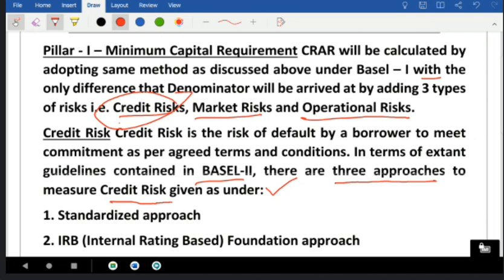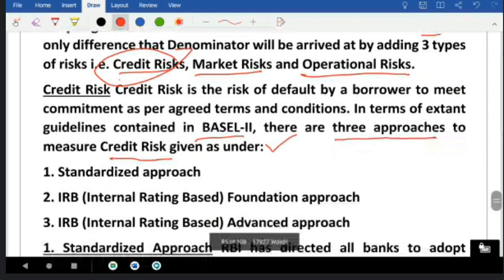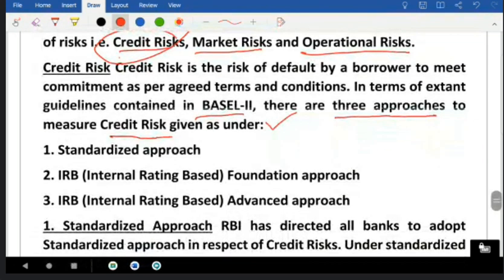If the borrower is not meeting the commitment as per agreed terms and conditions, that means he is not paying back whatever the EMI has been set, whatever the interest or principal he has to pay, that is called credit risk. Okay, and here are the three approaches. These are very important. You can remember.